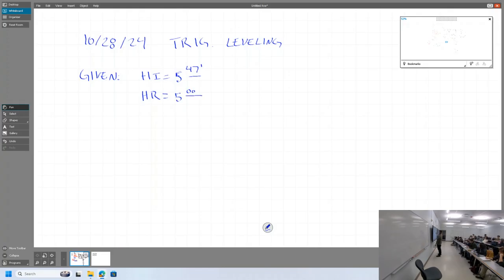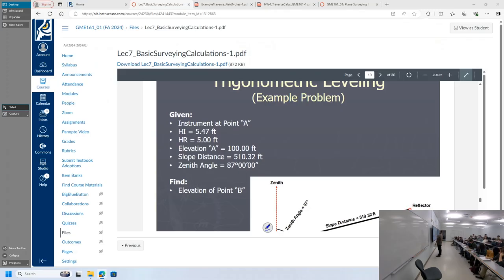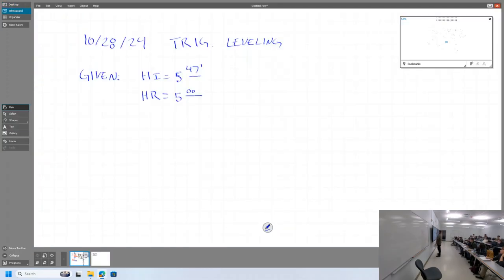The elevation angle is what they call it, or the zenith. Here the zenith is 87 degrees. And then we have our slope distance of 510 and our elevation of 100 feet. So let's go: elevation of A, 100 feet. Slope distance 510.32.